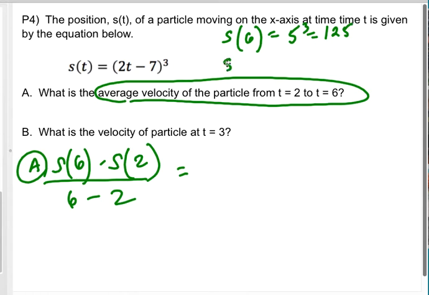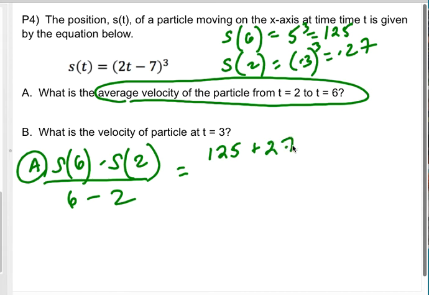And s of 2 is going to be negative 3 quantity cubed, which is negative 27. So you're going to get 125 plus 27 all over 4. That's 152. So 152 over 4, which you could honestly leave as, but if you wanted to divide, that is 76 divided by 2, so that should be 38.